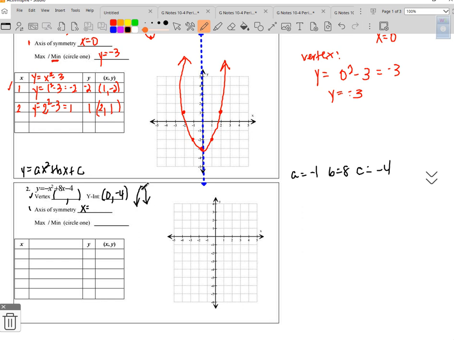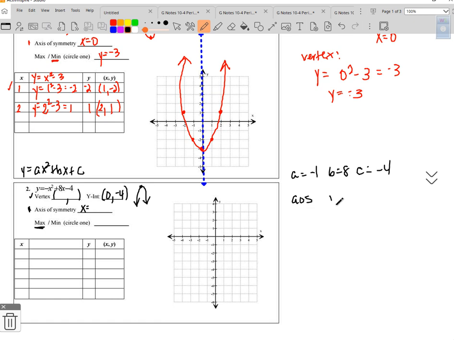If our parabola opens down, that means the vertex is going to be the very highest point. It's going to be a maximum. So in a few minutes, we'll be able to figure out what our maximum is, because our maximum is our y-coordinate. So we already know it's a maximum. We're going to find out what it is. But we're starting with our axis of symmetry.